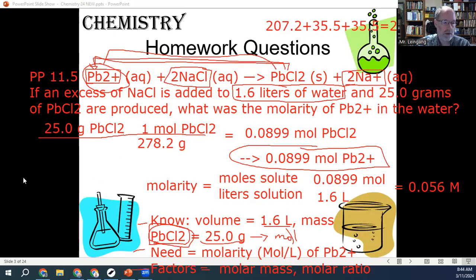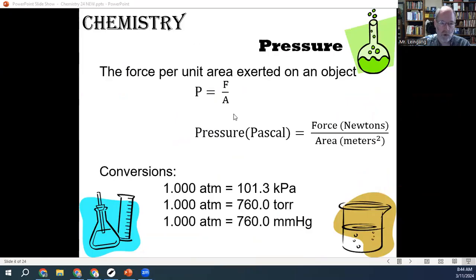So I'm going to clear my drawings here. We're going to roll forward and move on into the next unit that we're going to be studying and learning about, unit number 12. Unit 12, or module 12, is going to push us into talking about things that are in the gas phase.